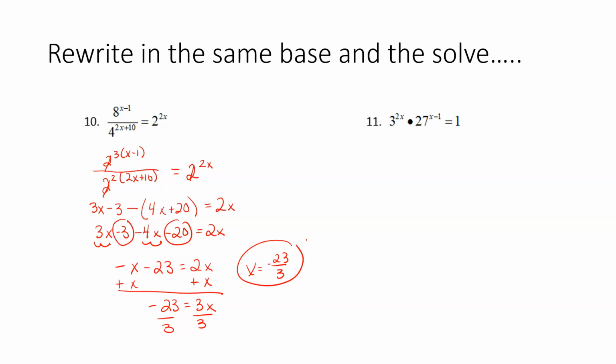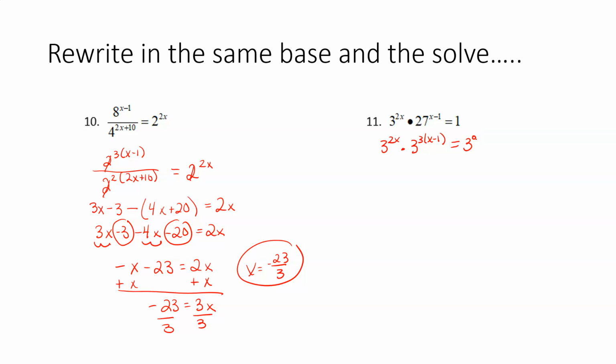Okay, the last one. Let's first find our common base. So I have that 3, and I know that 3 cubed is 27. So we know that anything to the 0 power is 1.